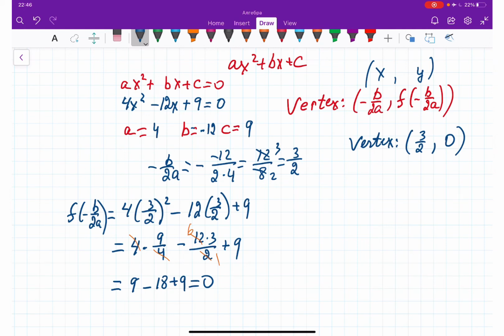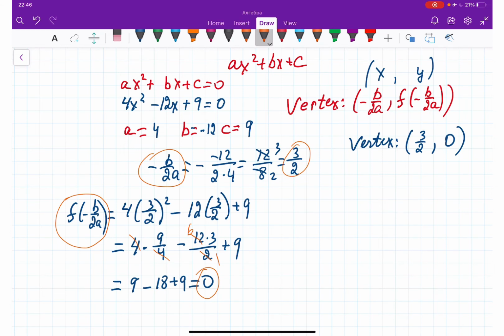Okay? So for the vertex, negative b over 2a is equal to 3 over 2, and the function, which is y, at negative b over 2a is equal to 0. So this is our vertex.